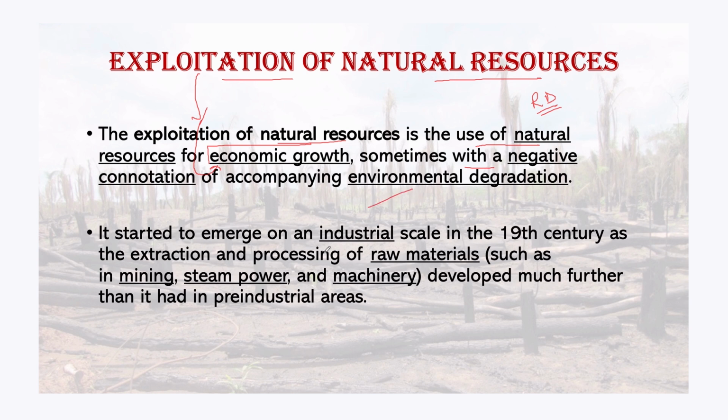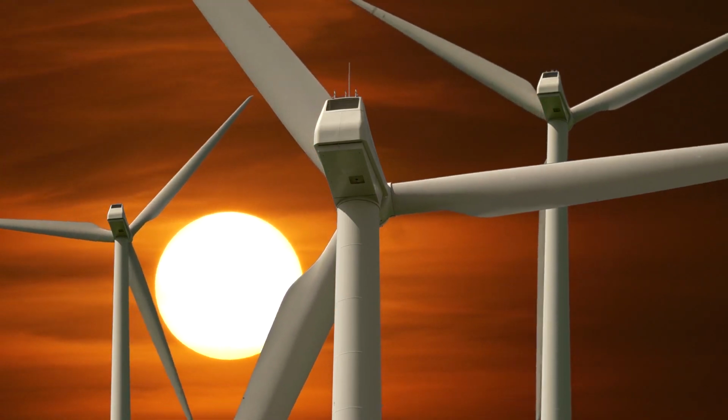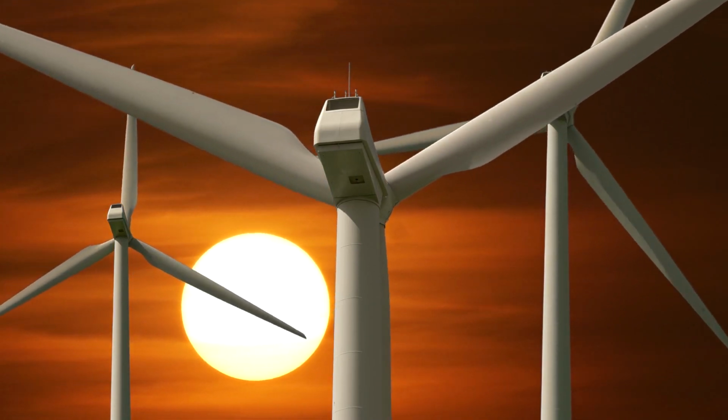It started to emerge on an industrial scale in the 19th century as the extraction and processing of raw materials. Raw materials include your mining, steam power, machinery. So it developed much further than it had in pre-industrial areas. Now, talking about the 20th century, energy consumption rapidly increased.